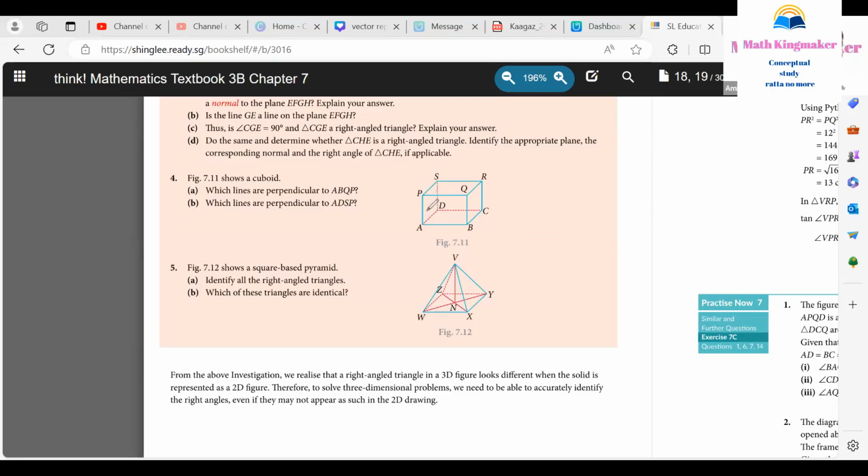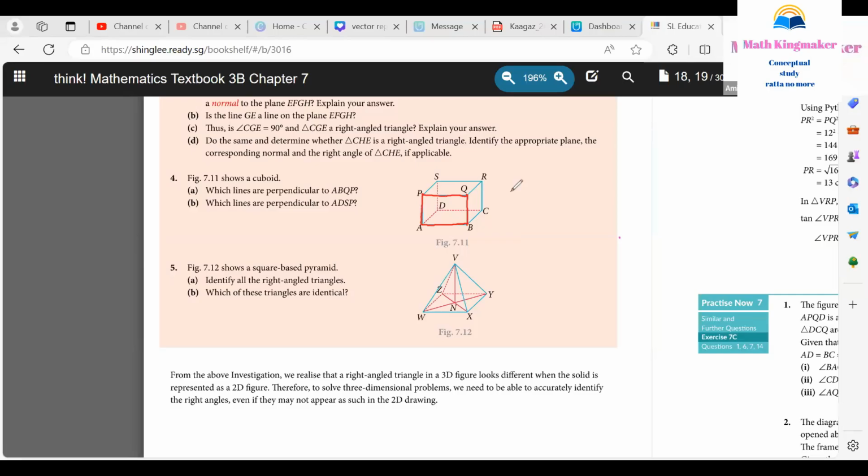I will make it in a different color. They're talking about this plane. Any line which is normal to this plane is perpendicular. So is this line normal? BC? Yes, BC is normal. AD? Yes. And then PS and QR. You're getting it? Okay.